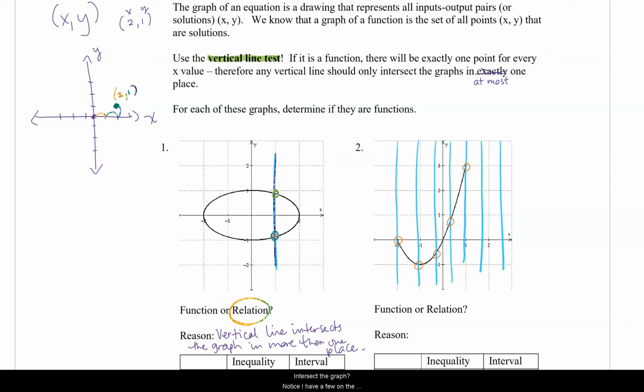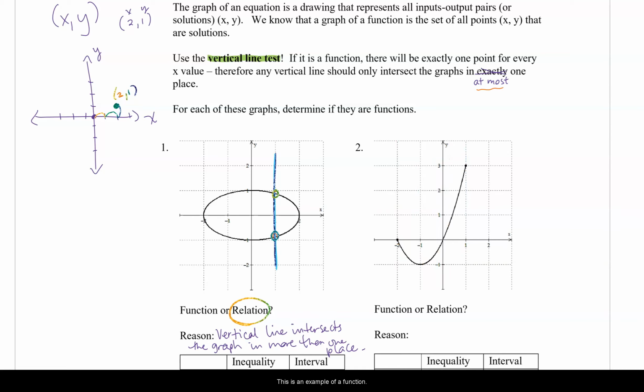Notice I have a few on the outside extremes that I'm erasing that don't intersect the graph at all. Hence my change to at most. But the ones that are left, they only intersect the graph one time. Each one of them only hits the graph once.